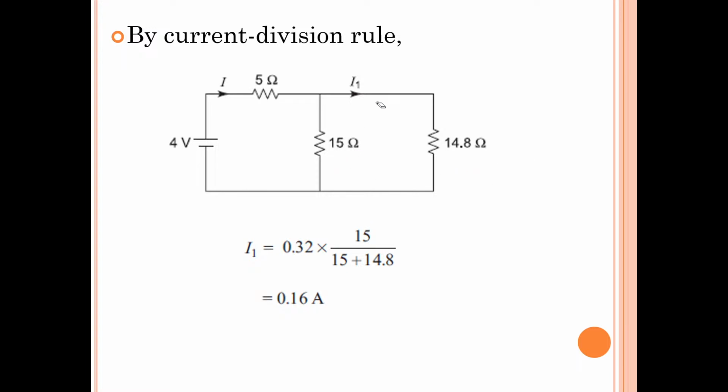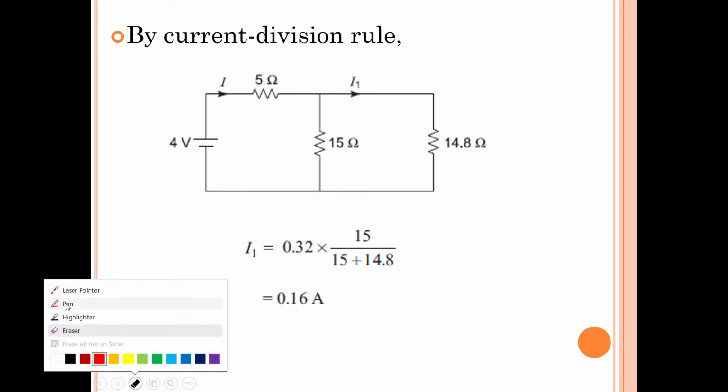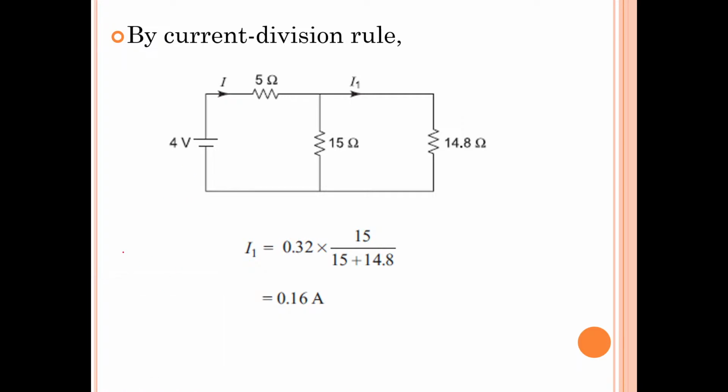So in this circuit, what is I1 by current division rule? We can apply the current division rule here. If I want to determine I1, I1 is the current flowing through the 14.8 ohms resistor, isn't it?